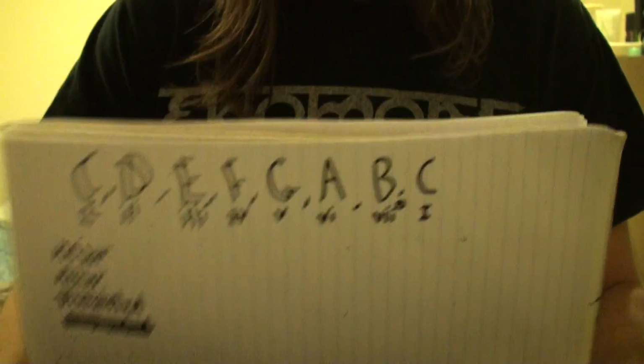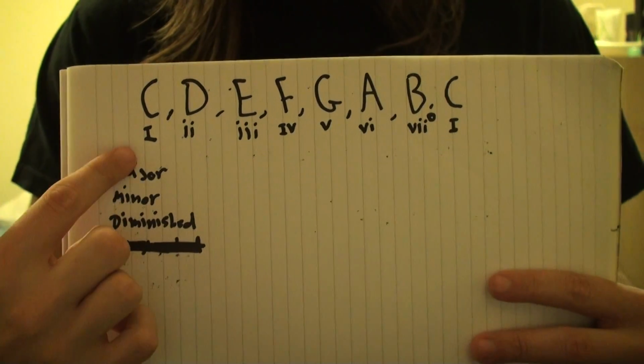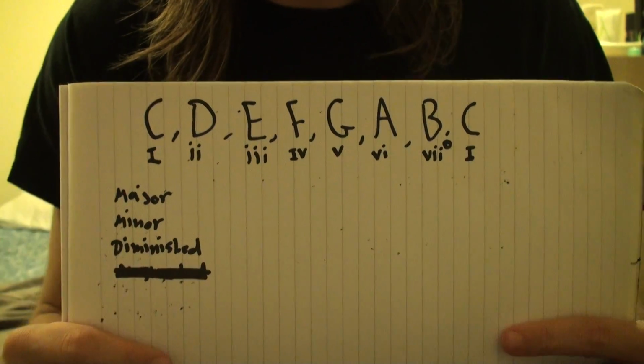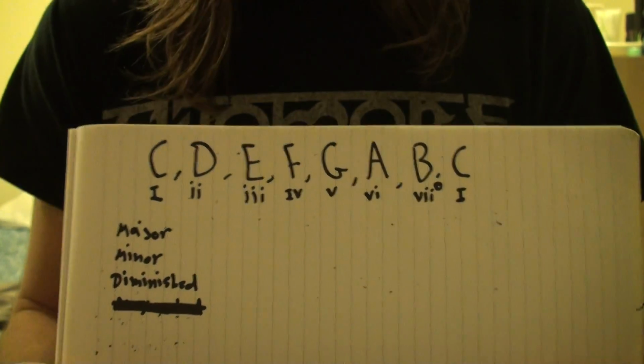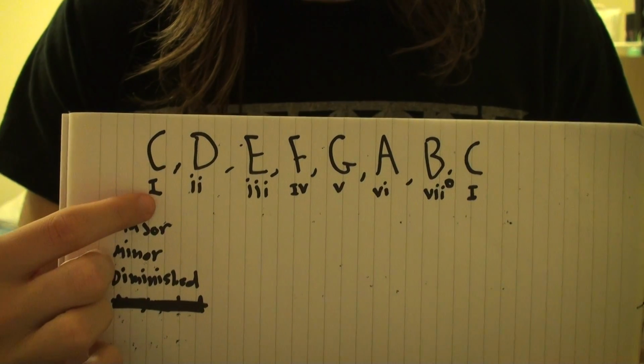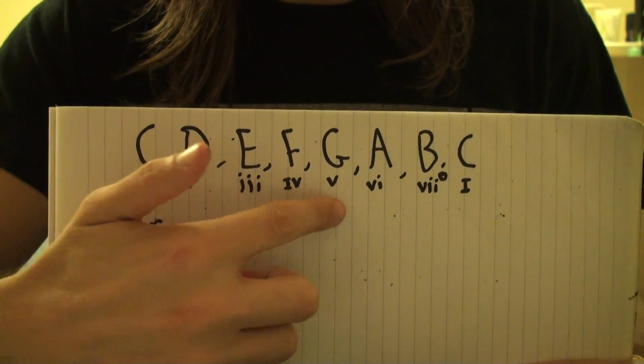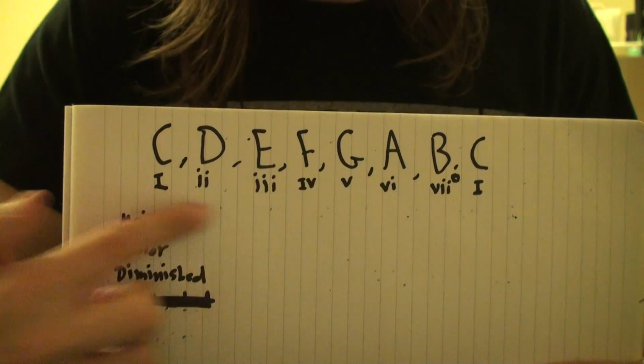Okay, so C major. Now, you'll see here there are some Roman numerals below these notes. From last time, I wrote under this key 1, 2, 3, 4, 5, 6, 7.